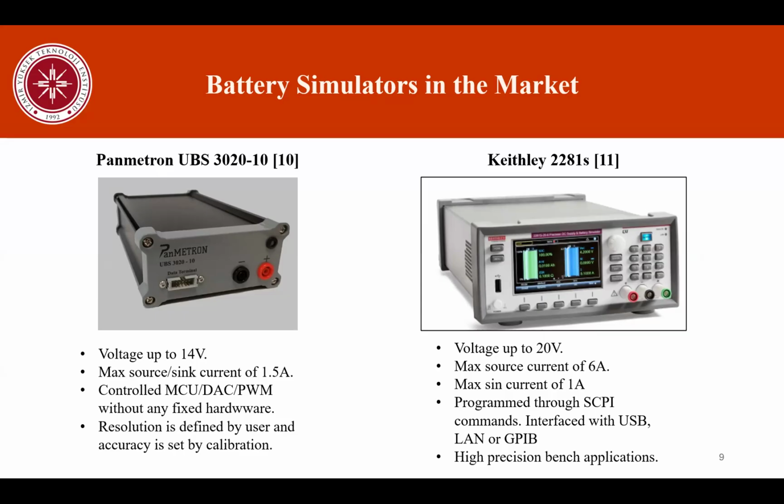The Keithley 2281S is 20 volts max, with a maximum source current of 6 amperes and a maximum sink current of 1 ampere. It is programmed through SCPI commands and interfaced with USB, LAN, or GPIB. It is made for high precision bench applications.